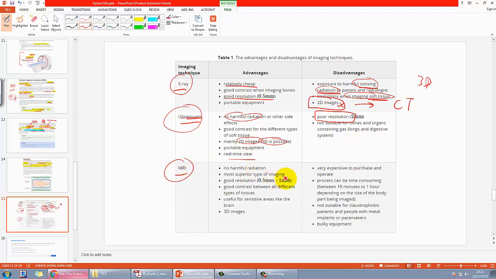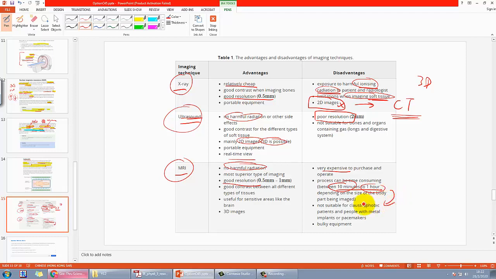For MRI, I think we just mentioned, it is more expensive with high resolution. There's no radiation at all. So far there's no research saying that it is harming any health, but it will take a long time. Even a CT scan, if you remember, takes a few seconds, like 10 seconds, while this one may take a minute or even 1 hour for the body, depending on the size, of course.